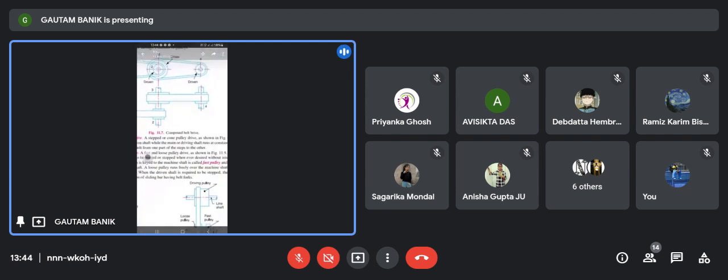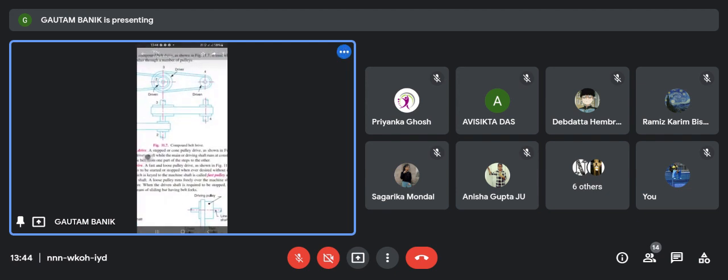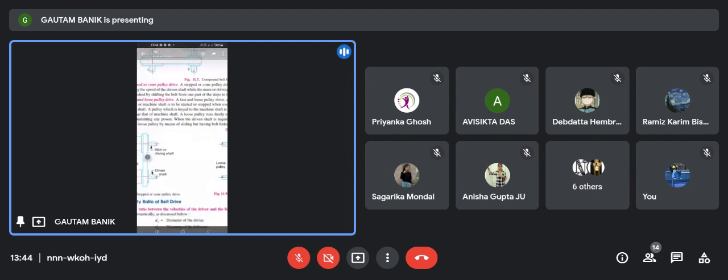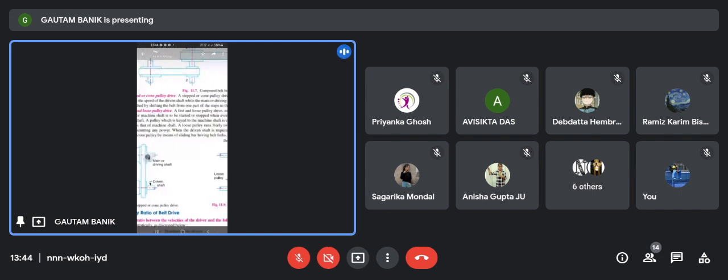This is actually a compound belt drive. We can calculate the speed of the pulleys N1, N2, N3, and N4 individually from this figure. Mathematically, I will show later; I am just showing this figure first.